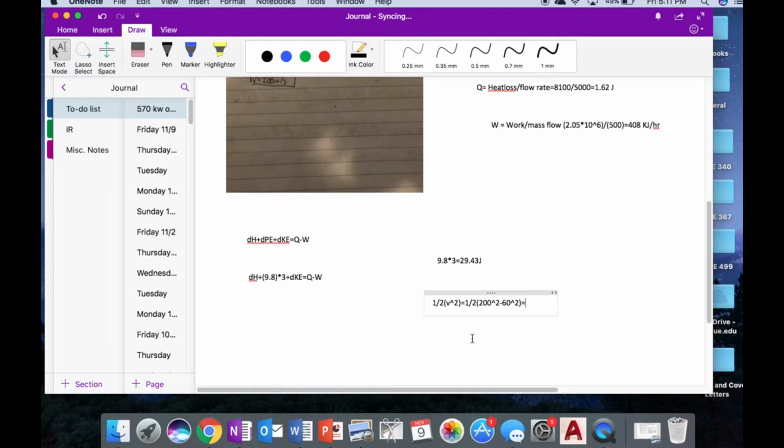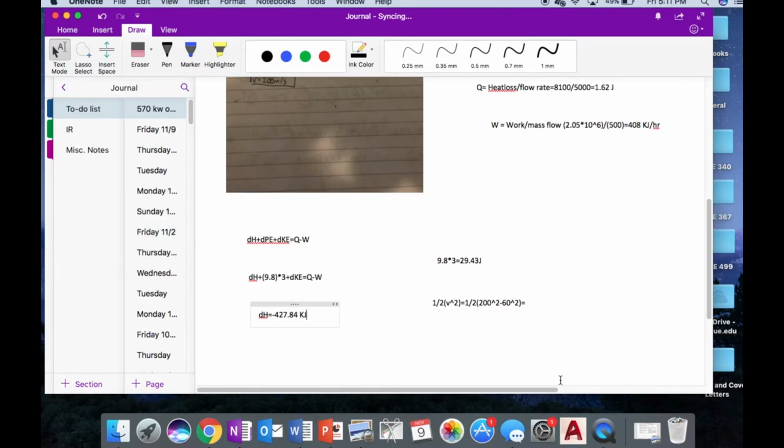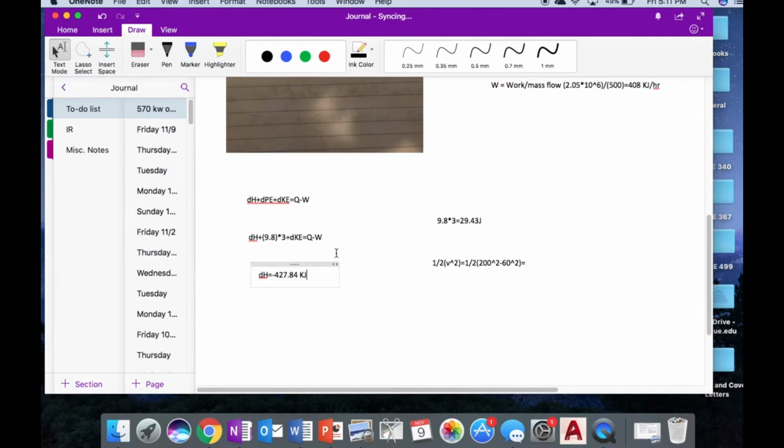And then you can solve for delta H, which turns out to be negative 427.84 kilojoules. Having that value now, you have the change in enthalpy over your system.